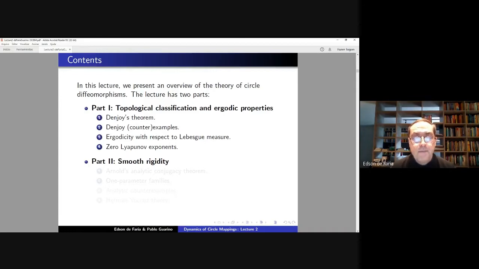Okay? In part 2, we will look at a fundamental theorem due to Arnold, which is a local analytic conjugacy theorem for such diffeomorphisms when they are analytic. And then we will discuss one-parameter families of such maps and present some counterexamples, also due to Arnold, to analytic linearizability of such maps.